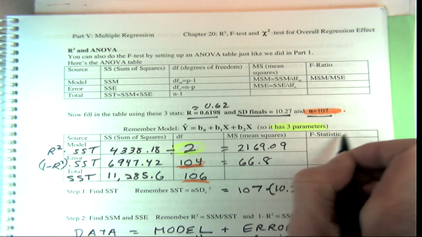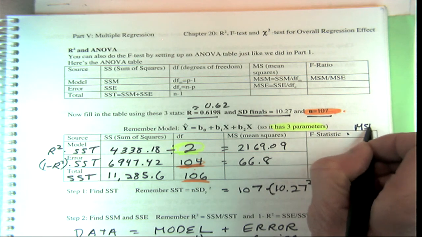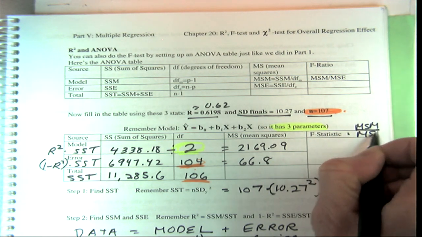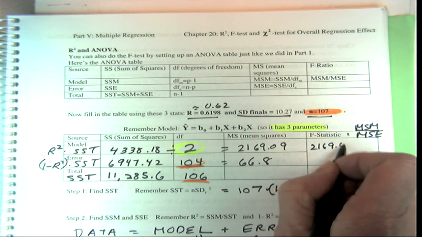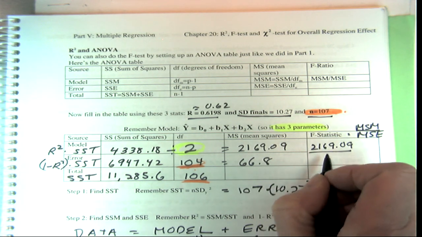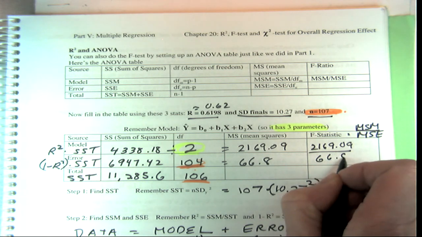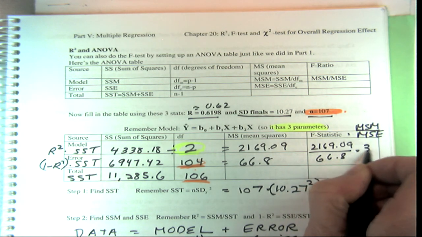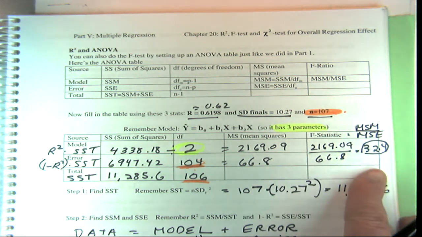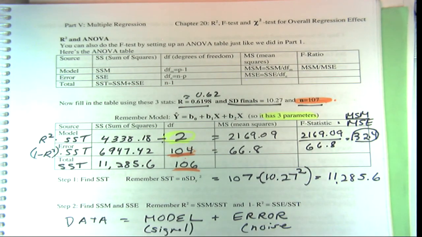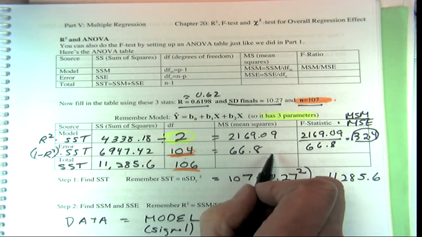Then you take the ratio of the mean square model over the mean square error, 2169 over 66.8, and we'll get the same exact thing we got before, 32.4.